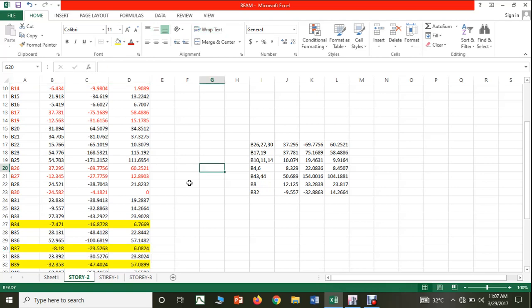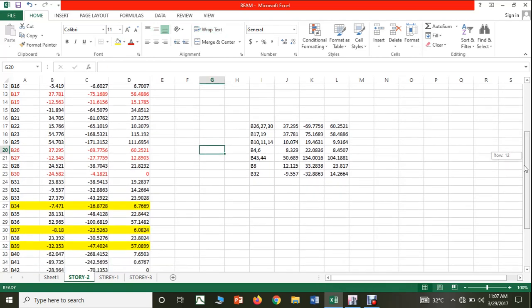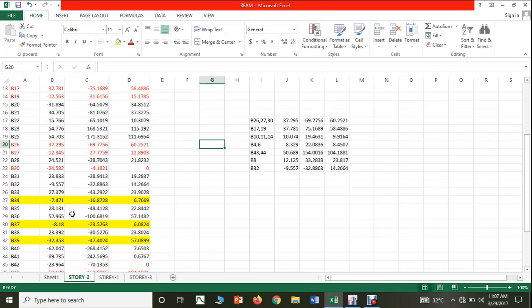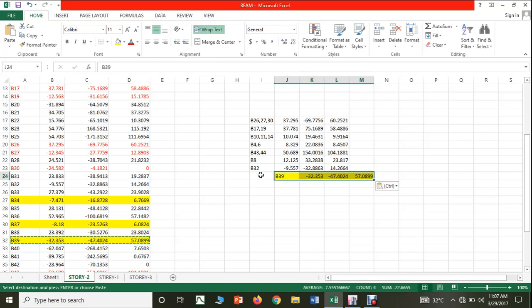Out of these three, the highest one will be 39. You can provide that for 39. Even the dimensions are almost the same, right? So therefore I can give it for that.